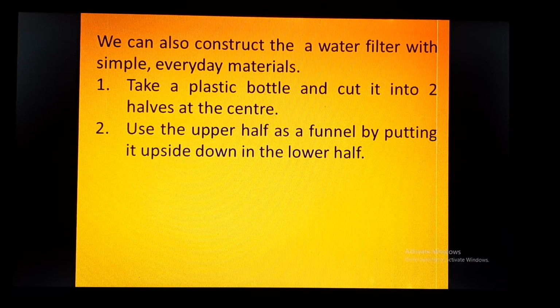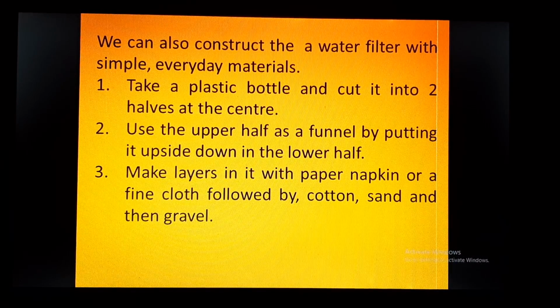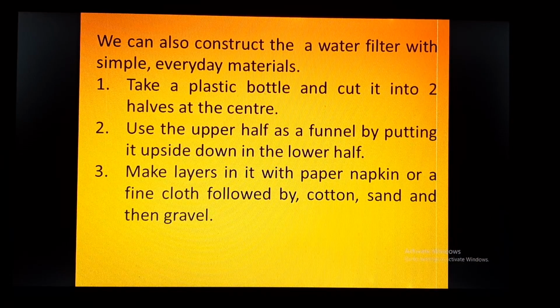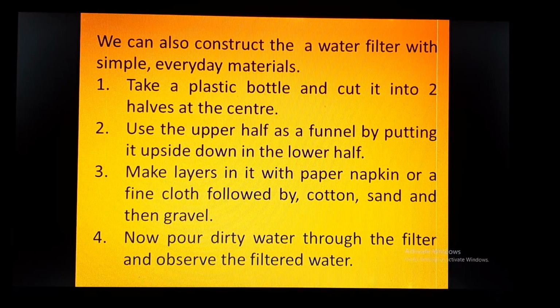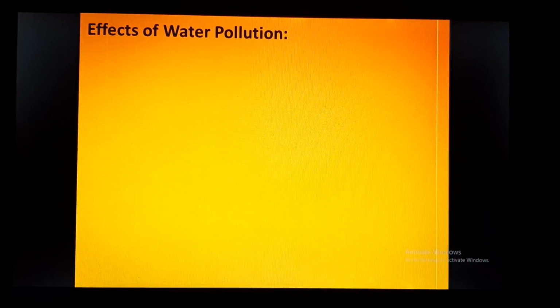Now you make layers of paper napkin, fine cloth, cotton, sand, gravel, etc. Several layers are there, and if you pour dirty water through this filter, in the lower half you will get filtered water.